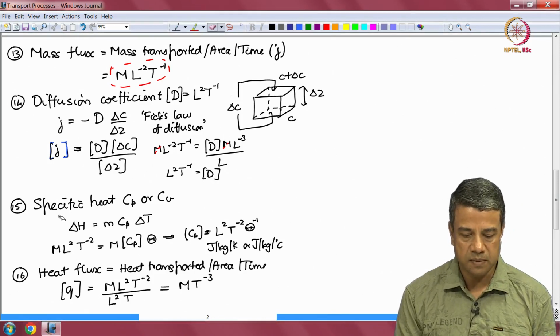Diffusion coefficient was determined from Fick's law, which related the flux and the concentration difference.